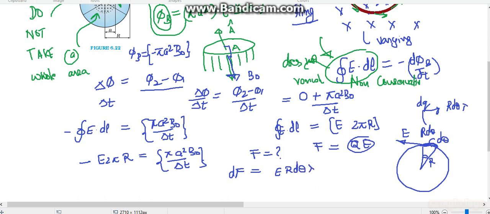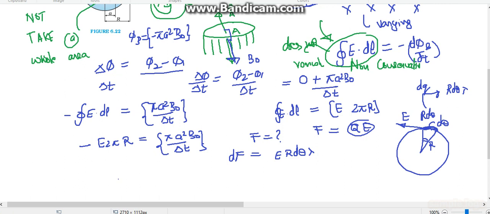This force is giving a torque. The torque acting on this small stretch would be R times E lambda R d theta.